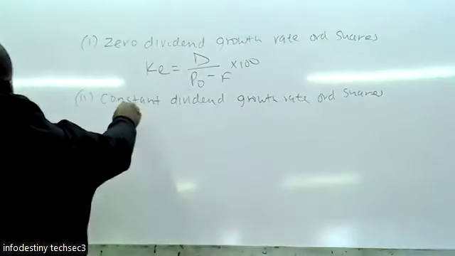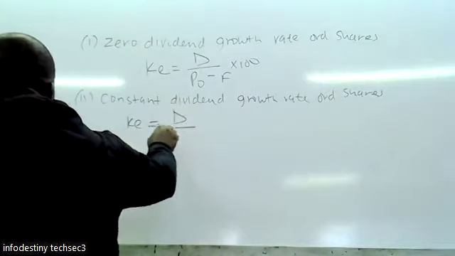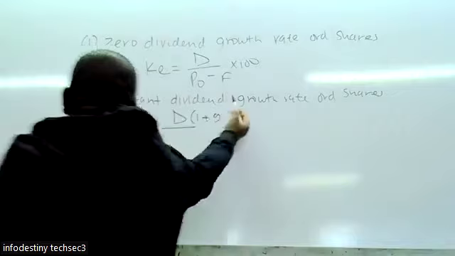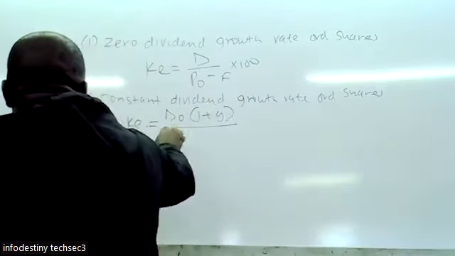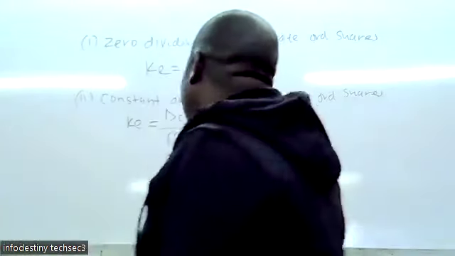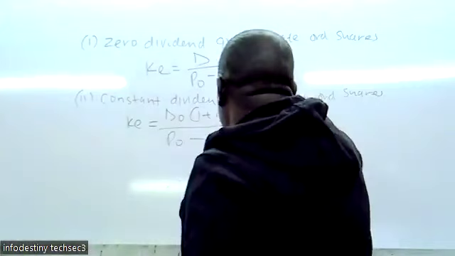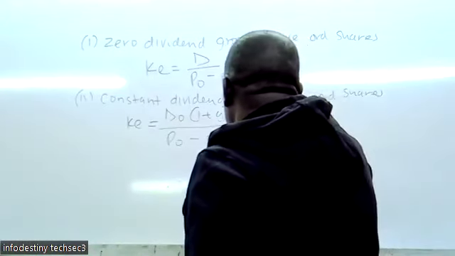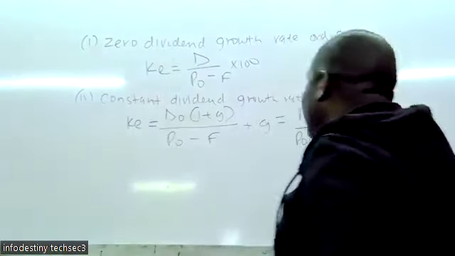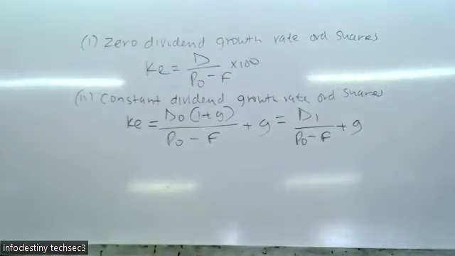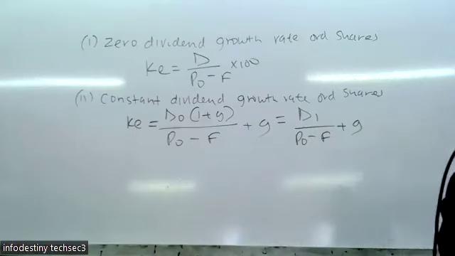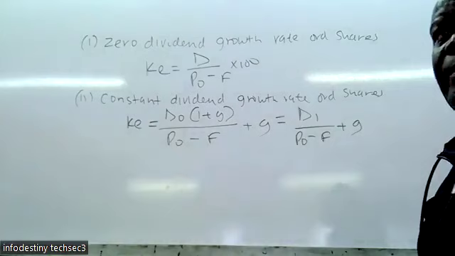So KE will be given by D0 times (1 plus G) divided by P0 minus F, then you add G, which is the same as D1 divided by P0 minus F, then you add G. To compute the cost of the ordinary share, remember D0 is the last dividend that was paid, and D1 is the next dividend to be paid.